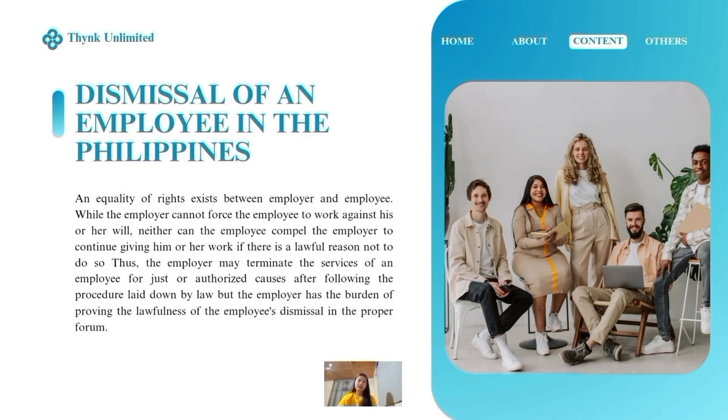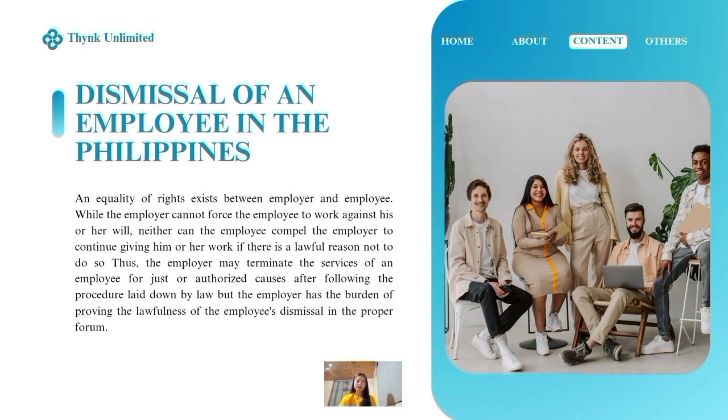Now, the dismissal of employees in the Philippines. An equality of rights exists between employer and employee. While the employer cannot force the employee to work against his or her will, neither can the employee compel the employer to continue giving him or her work if there is a lawful reason not to do so.